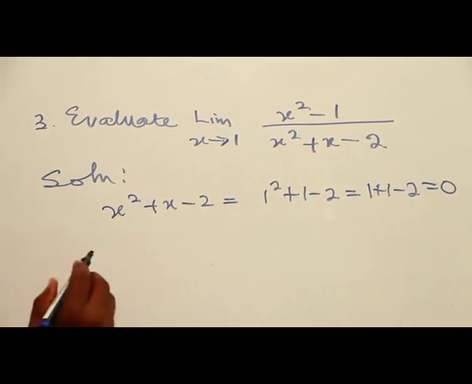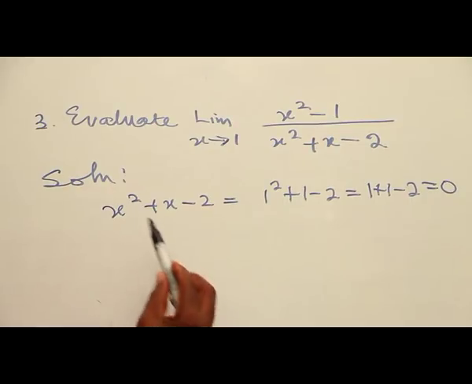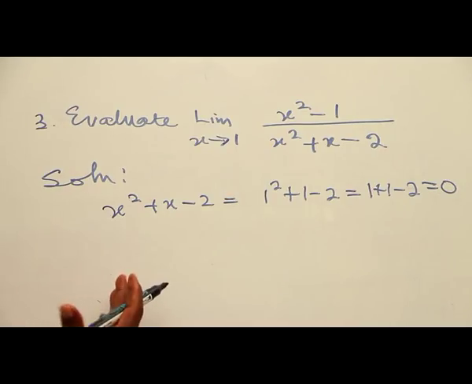You first of all do this to make sure that the denominator is not 0, because division by 0 is not possible. Now that we have found out that the denominator is equal to 0, what do we do? We try and factorize if any expression is factorizable.